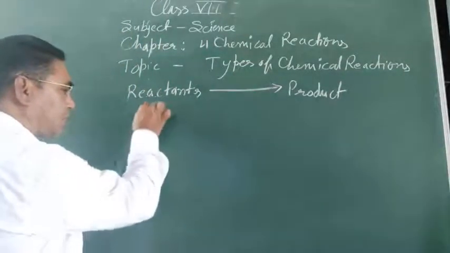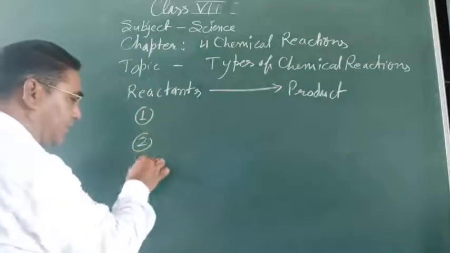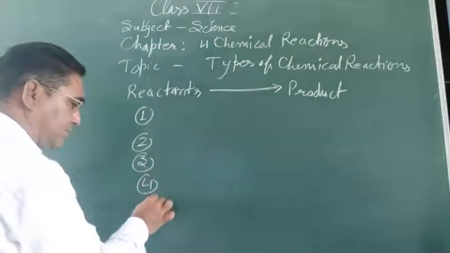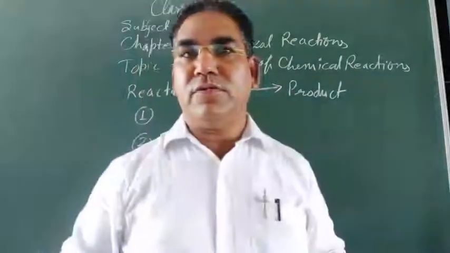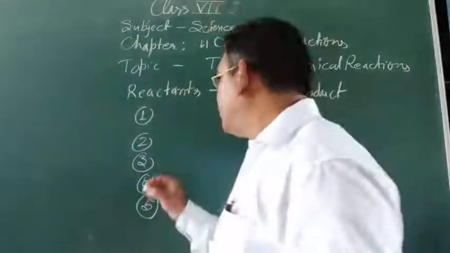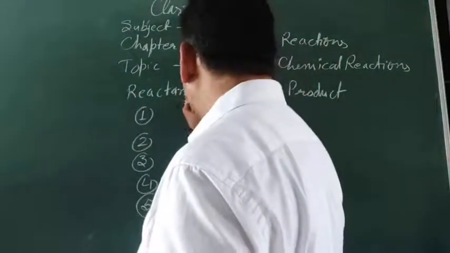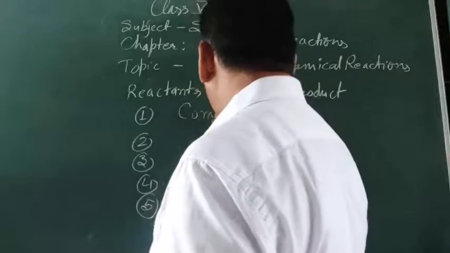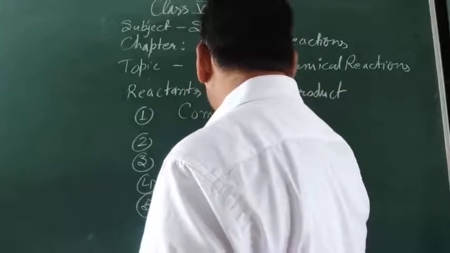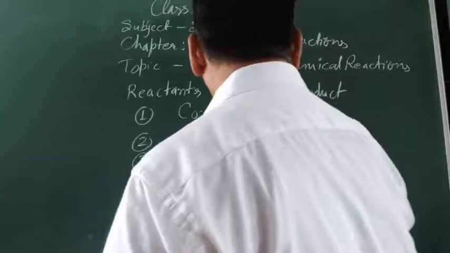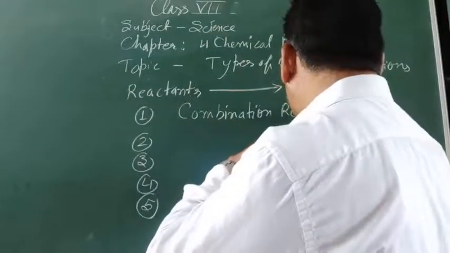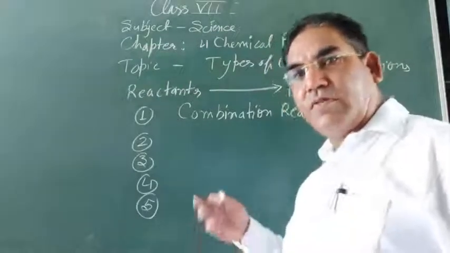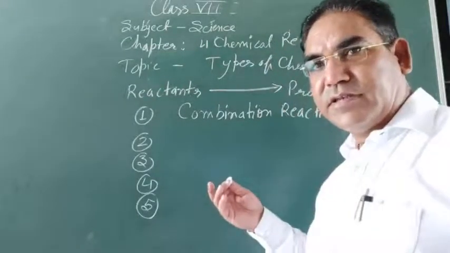Chemical reactions are basically 5 types. So look over here. Number 1, combination reactions, you can say chemical combination reactions.